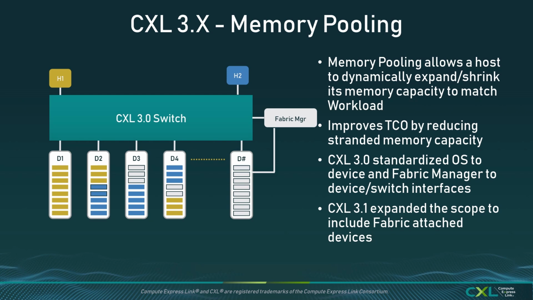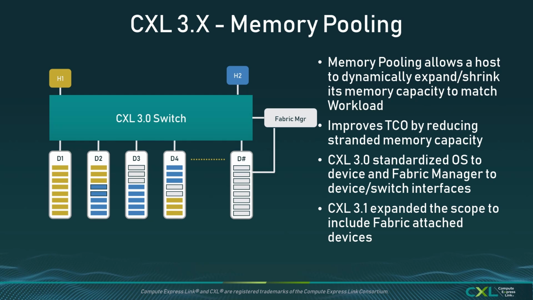So 3.0 again defined a standard OS-to-device interface for requesting more pages and accepting more pages, and also fabric manager-to-device interfaces that allow the reassignment of pages from one host to another. Again, without these standard interfaces, it's very difficult to build a system that's successful. So the fabric manager shown here can now use standard APIs to talk to the device or a switch to make this happen very efficiently. And there are some open source examples out there that have been written to the standard.